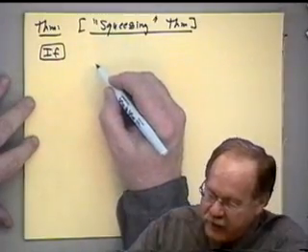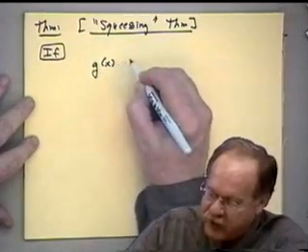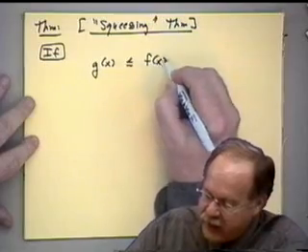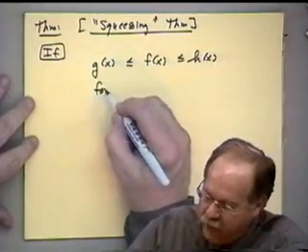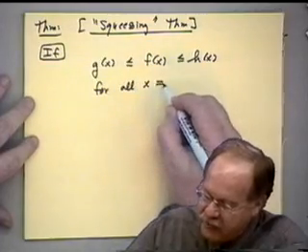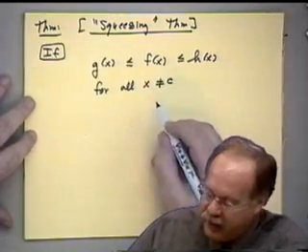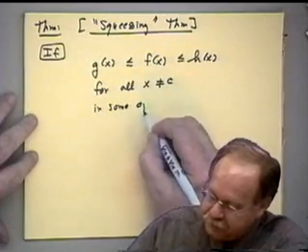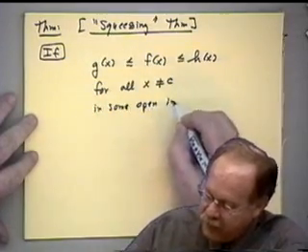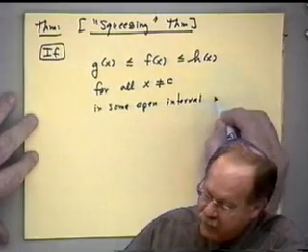So let us suppose we have some functions that have this property. Suppose g of x is less than or equal to f of x is less than or equal to h of x for all x's not equal to c. We don't really care what happens at c. In some open interval containing c.